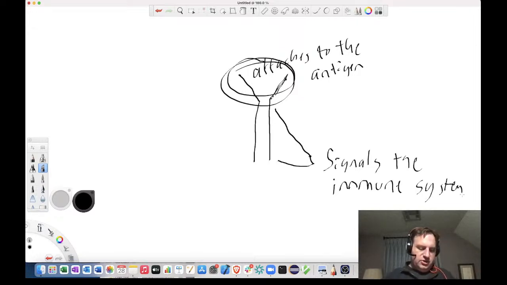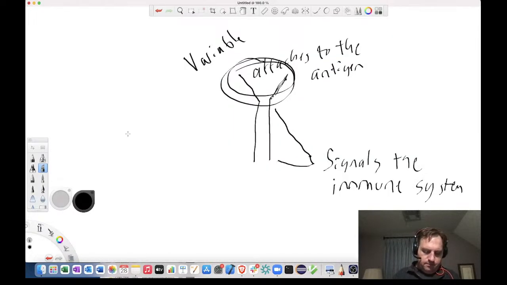And this, in general, is known as the variable region, although there's also a more specific part that's variable. And this part is known as the constant region. If you think about this, the reason why the top part is variable and the bottom part is constant should be pretty obvious.